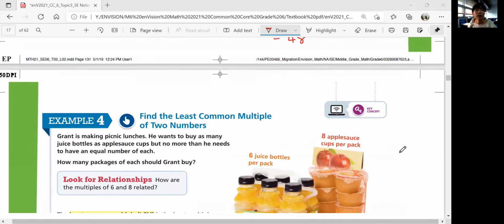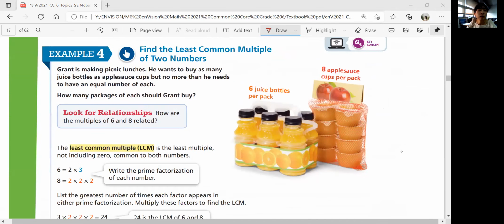Let's look at page 132. Find the least common multiple of two numbers. So what's the least common multiple? Let's look at our example first. Grant is making picnic lunches. He wants to buy as many juice bottles as applesauce cups, but no more than he needs to have an equal number of each.